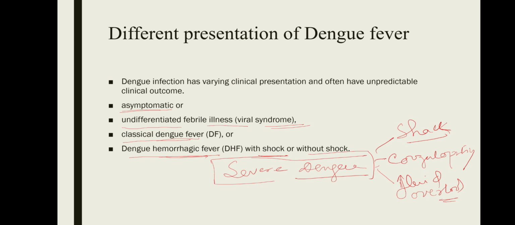So this is called severe dengue. The child may present as asymptomatic, or with normal viral fever, or classical dengue fever, or severe dengue. So now we'll discuss how severe dengue occurs.